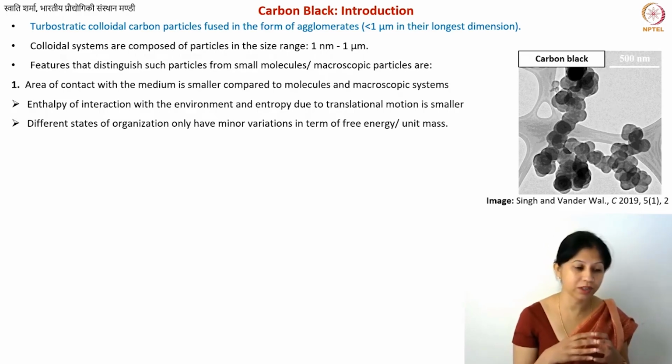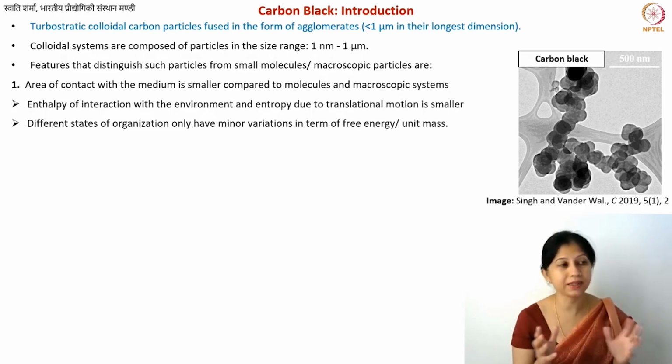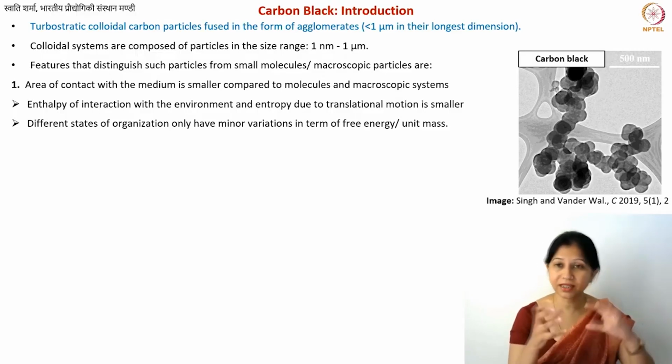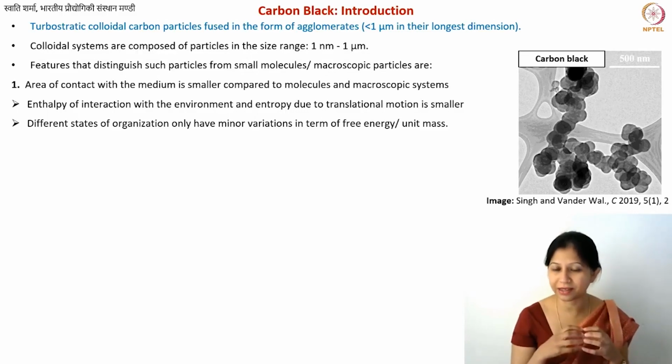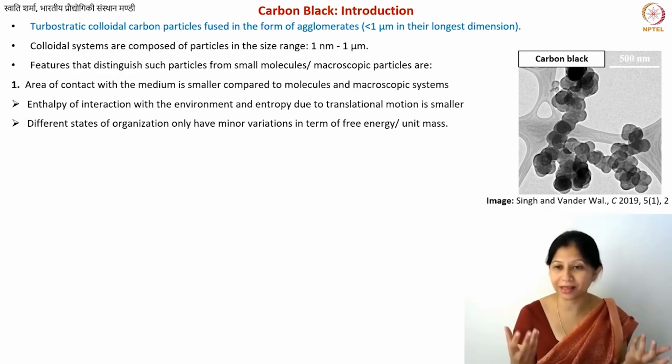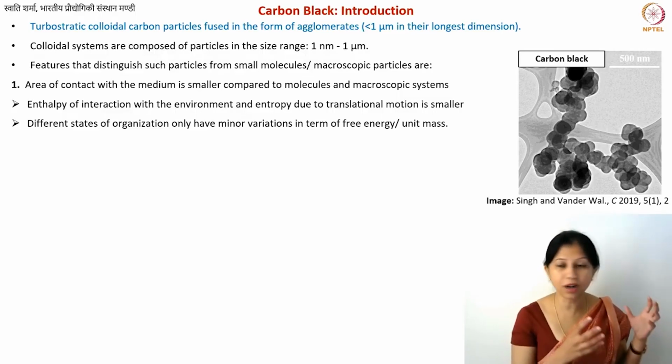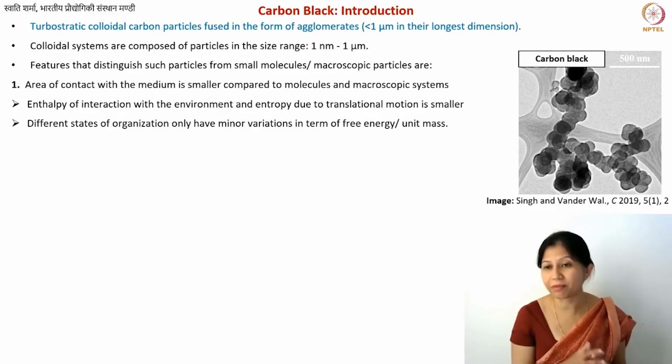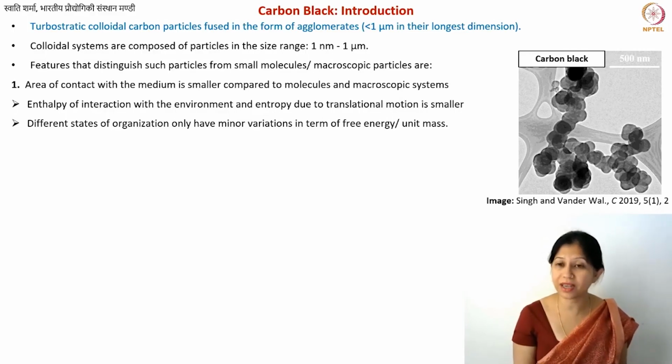When we are talking about enthalpy and entropy, it's probably easier for you to understand that if you just switch the positions of these nanoscale particles inside your carbon black particle, you're still probably going to have pretty much the same enthalpy and entropy, because as long as the overall dimensions are in this 1 micrometer range, you're not going to see much change in the behavior of your particles.